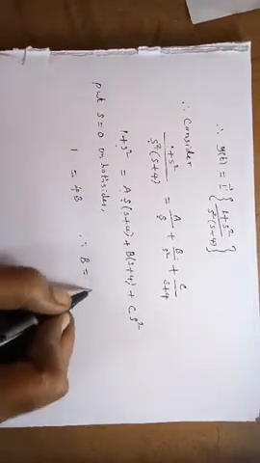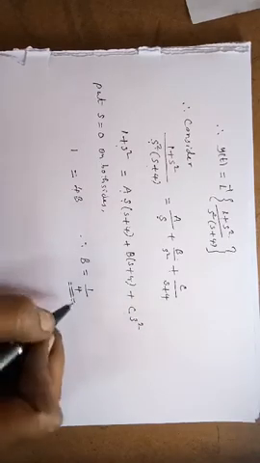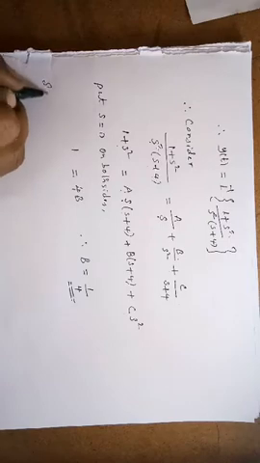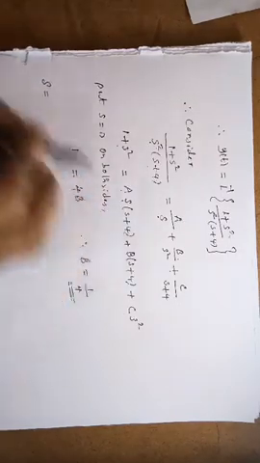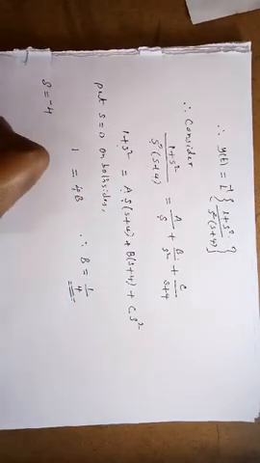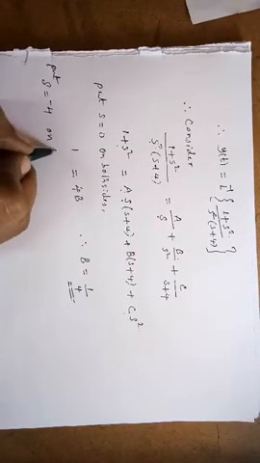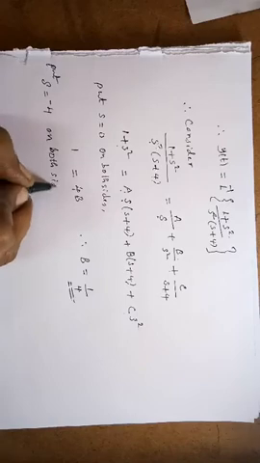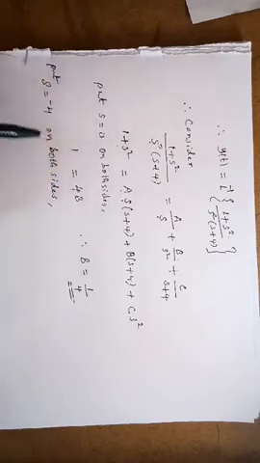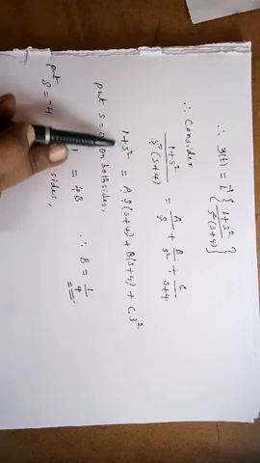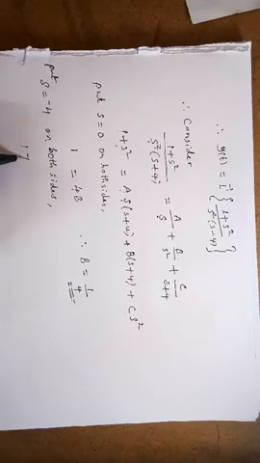Therefore b equals 1/4. Then s+4 is a factor, so we can put s equal to minus 4 on both sides of the same equation.